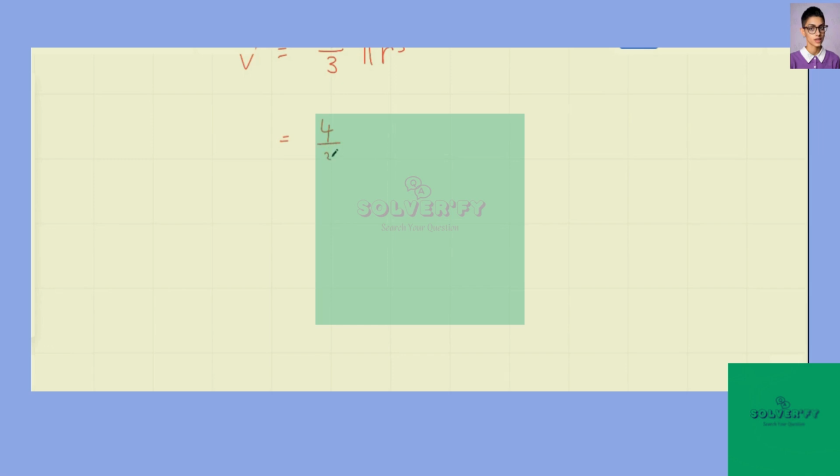That's 4/3 into pi, and r cubed is given by 0.53 times 10 to the minus 10, and this is all cubed.